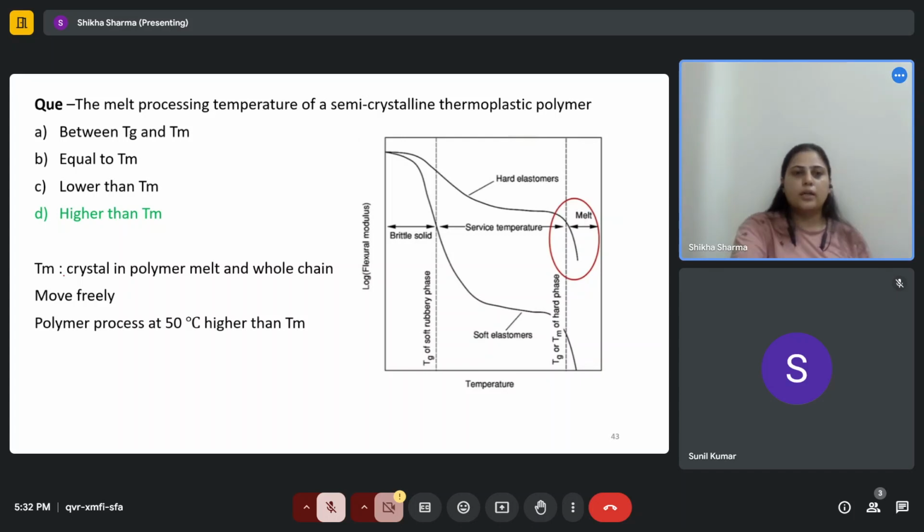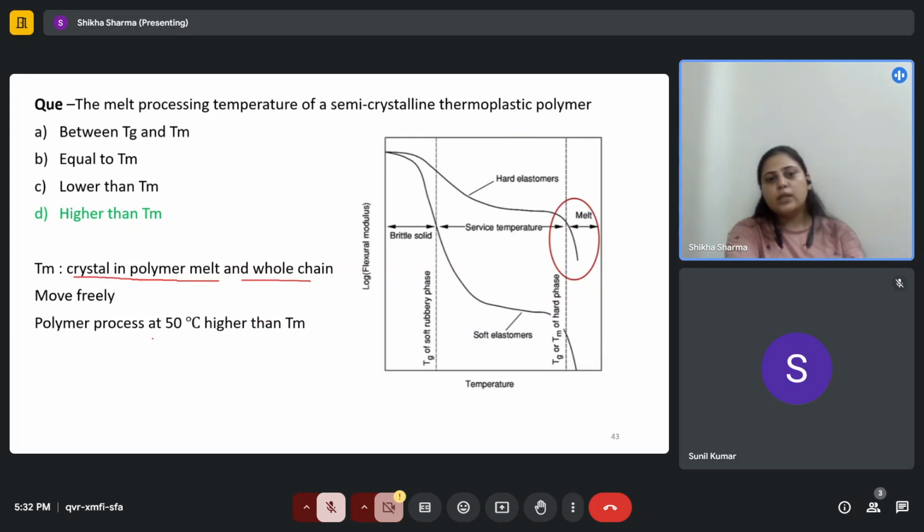Because Tm is when the crystal in the polymer melts. What happens is the whole chain starts moving freely at Tm, meaning the crystals in the polymer start melting and the whole polymer starts flowing freely.